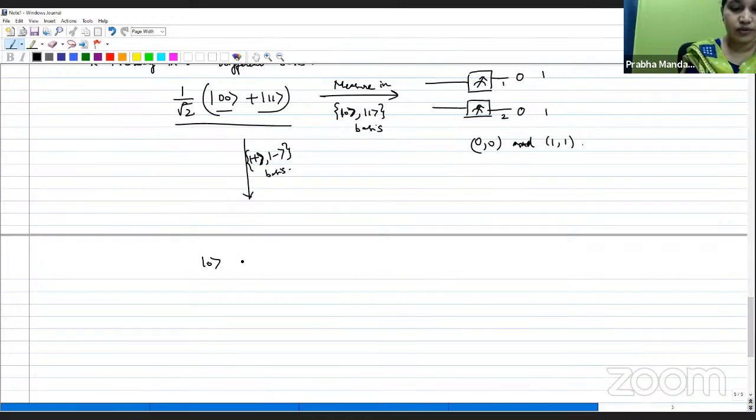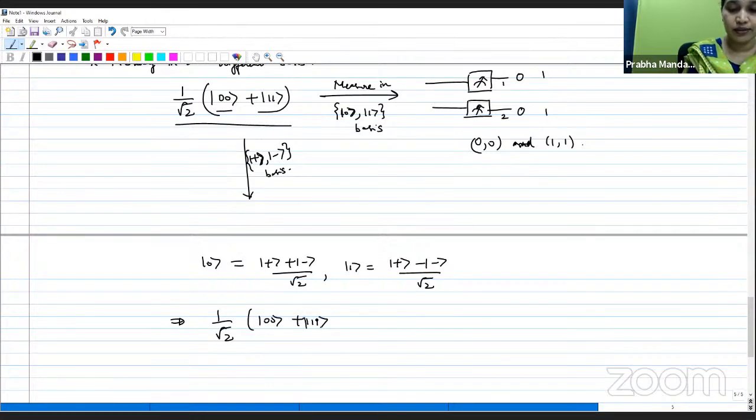Well, you know the relations. You know that 0 is (plus + minus) over root 2, and you know that 1 is (plus - minus) over root 2. So then what does this Bell state look like in the plus-minus basis? I'm just going to show this to you very quickly. You simply have to replace your 00 in terms of plus and minus.